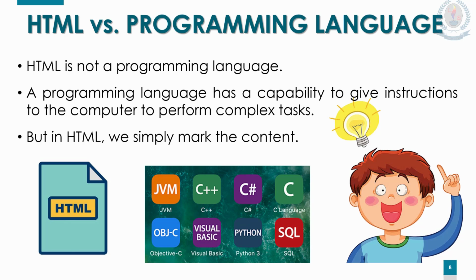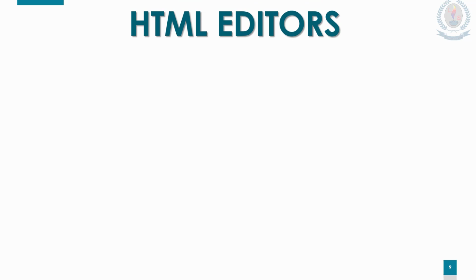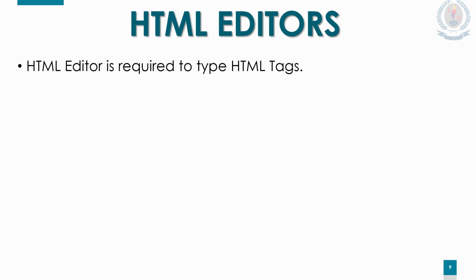And we need an HTML editor to edit the markup language. We have to mark the tags within the editors only. Otherwise we don't have a way of doing the HTML coding part. So an HTML editor is required to type HTML tags. That is a simple definition.